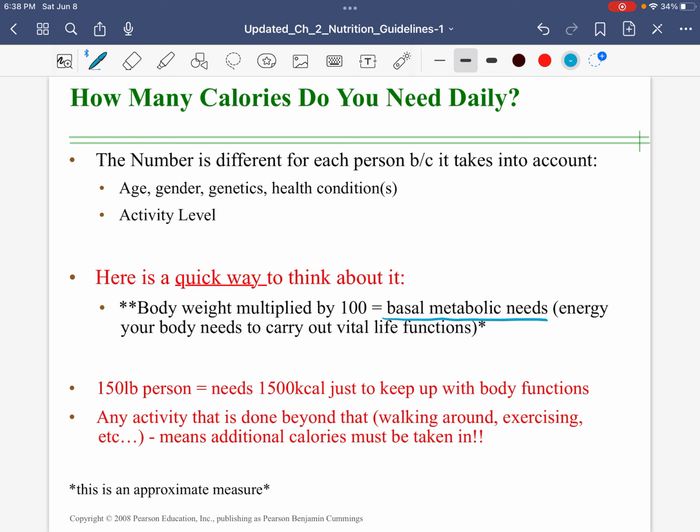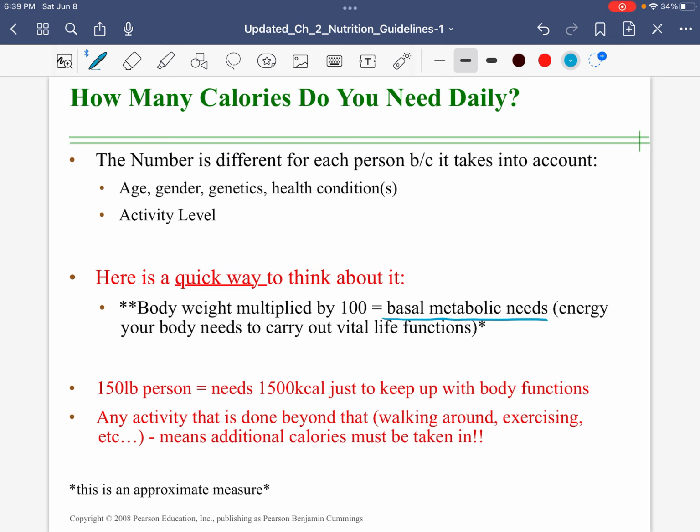But if you just laid on the couch all day, which you wouldn't do, obviously. If you did, though, your body's still burning calories because it takes calories to keep your heart pumping, keep your lungs inflating, keep your kidneys filtering, etc. A quick and dirty way to get an estimate, take your body weight in pounds times 10, which means add a 0.